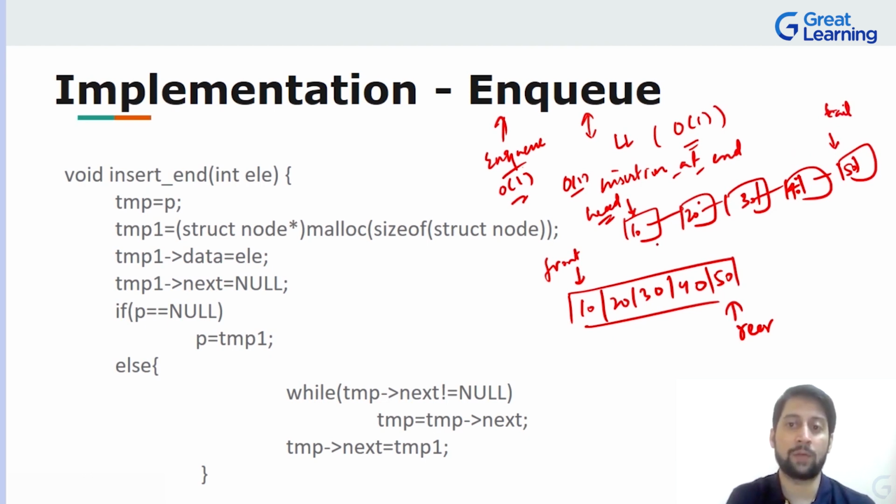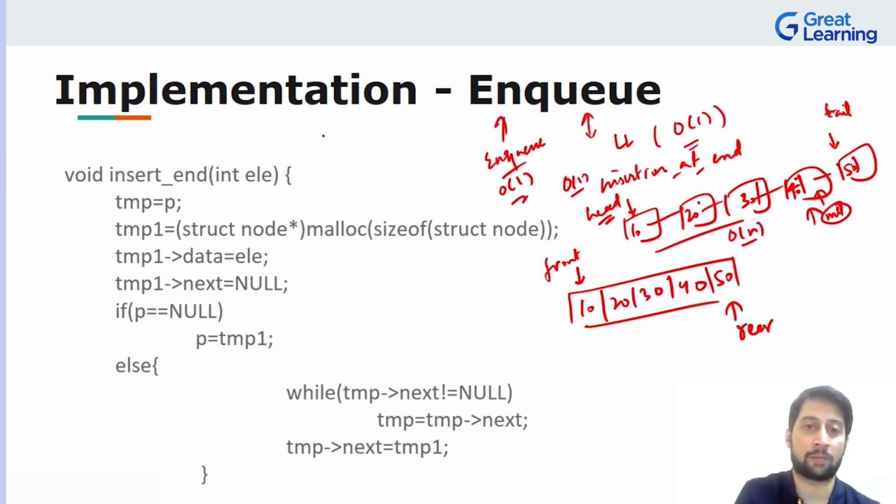Now what we have to do, we have to traverse one by one. We have to traverse until we are at the position where the next part is null. Unless and until we find that next which is null, we need to traverse. So it will take a big O of n time. That means this operation is done in a linear time, big O of n.